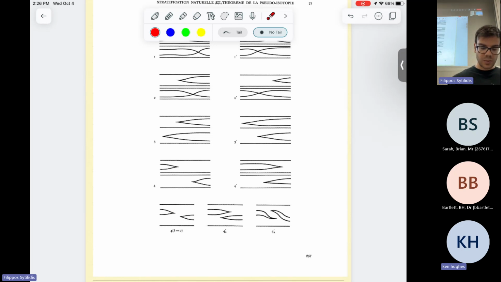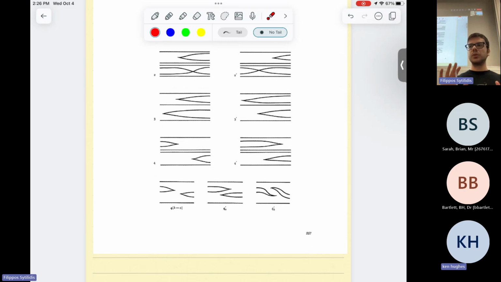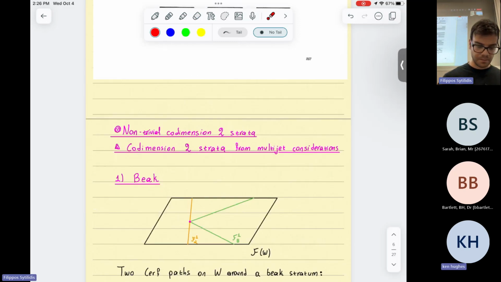I can put one of them below the other, or the other way around. So I have these two ways in which I can change the order in which the cusps are occurring. Okay, so hopefully there isn't anything counterintuitive going on here.